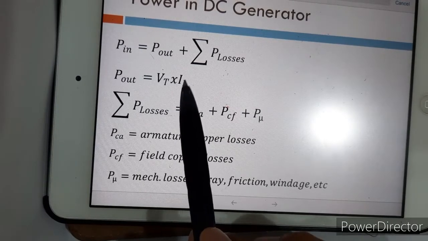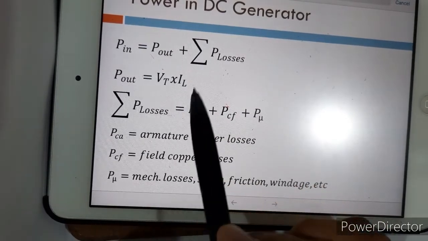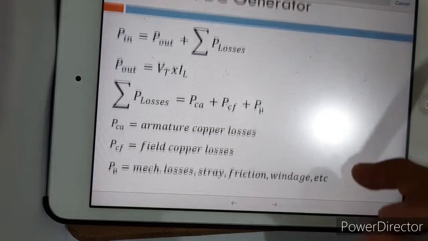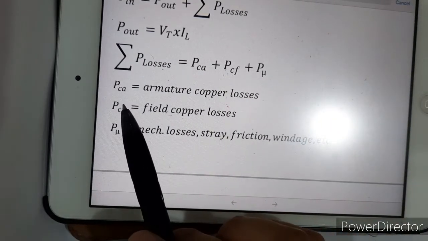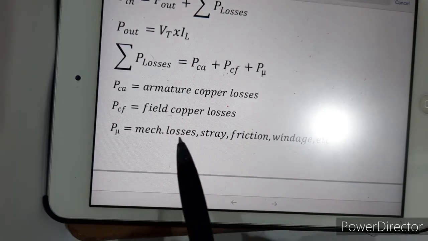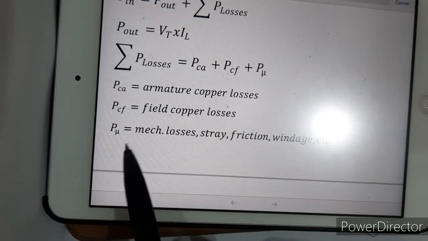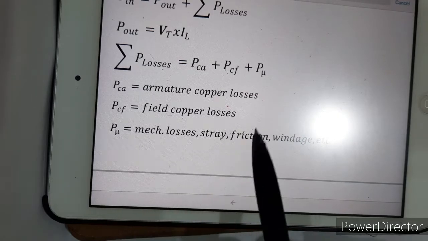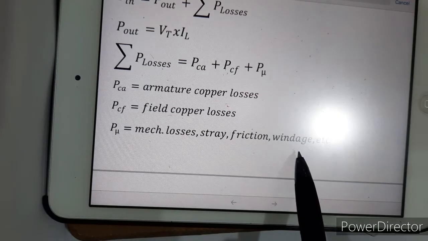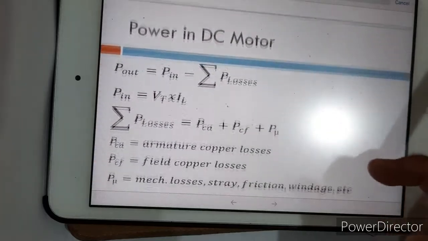So that's why we can determine P out. And then this is the total of P losses. PCA is armature copper losses, field copper losses, and then P mu, the mechanical losses, either stray, friction, windage, and so on.